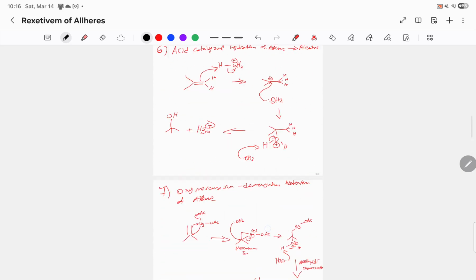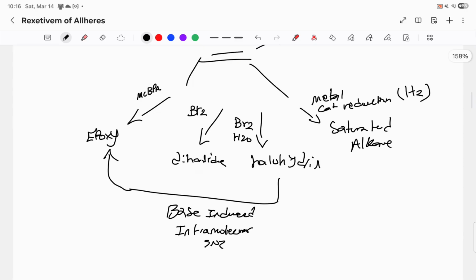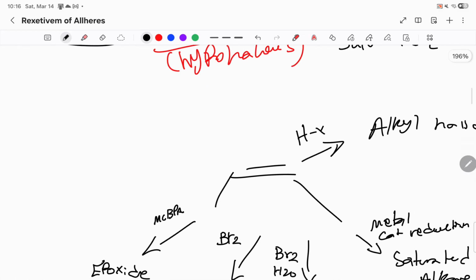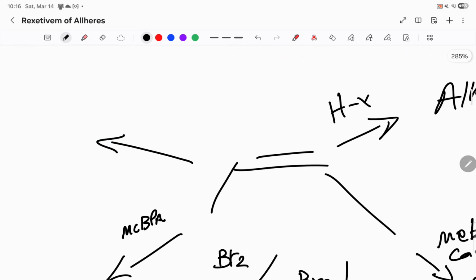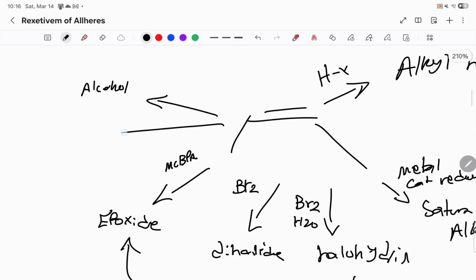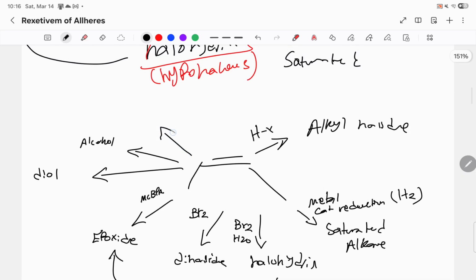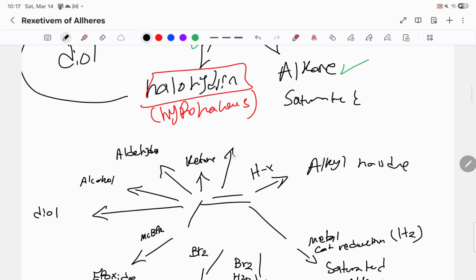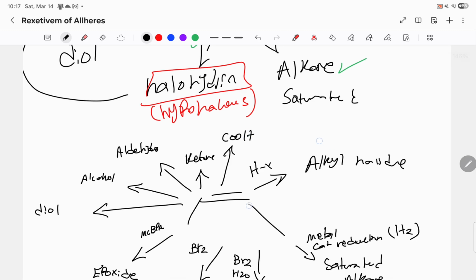So let's again summarize for ourselves this kind of epoxide. What else am I missing here? Oh, of course, we can make an alcohol, and we saw 3 ways of making an alcohol. We saw a couple of ways of making a diol. We saw how to make an aldehyde, a ketone, and a carboxylic acid.